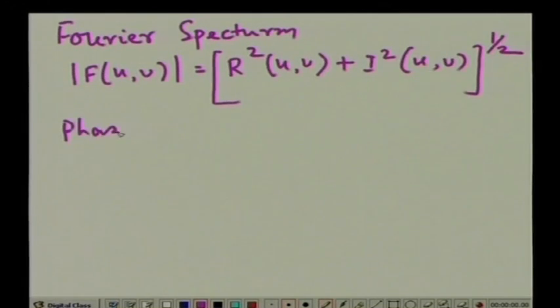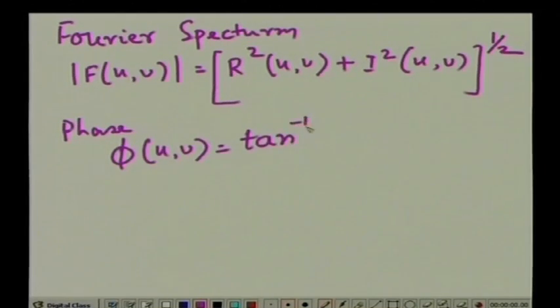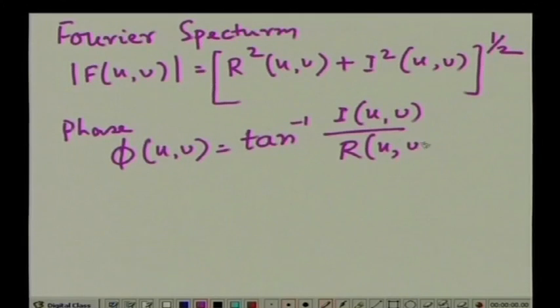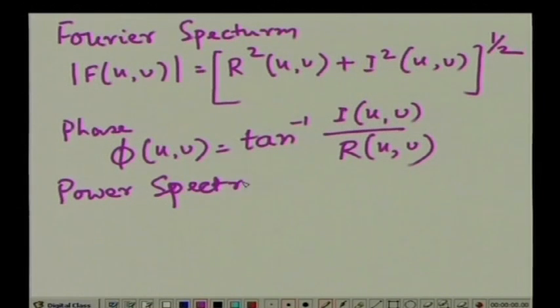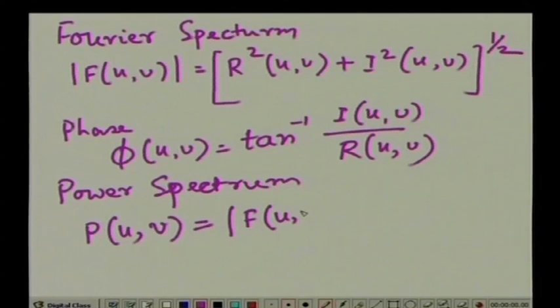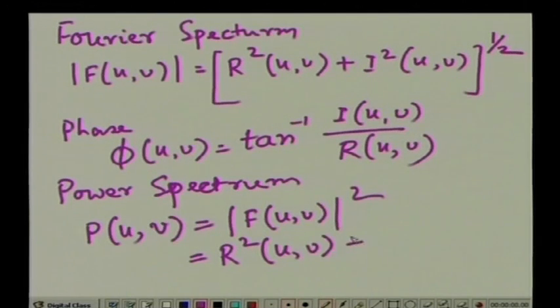Phase is given by phi(u,v) equal to tan inverse of I(u,v) upon R(u,v), and the power spectrum P(u,v) is given by the similar expression, which is nothing but |F(u,v)| squared, which is R square(u,v) plus I square(u,v), where R(u,v) is the real part of the Fourier coefficient and I(u,v) is the imaginary part of the Fourier coefficient.